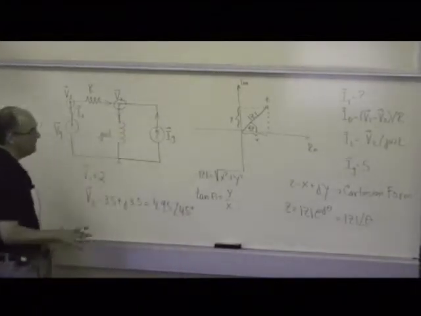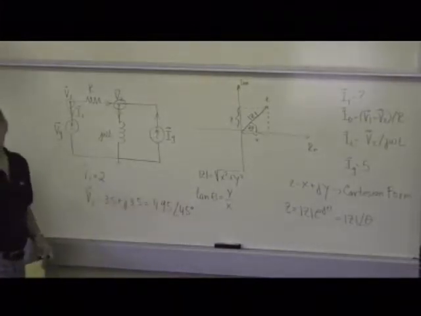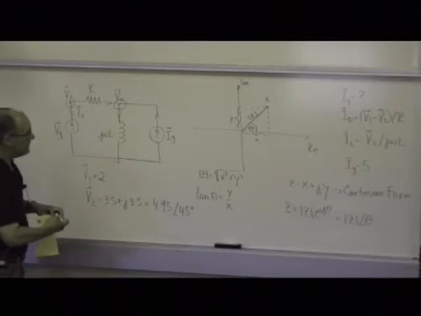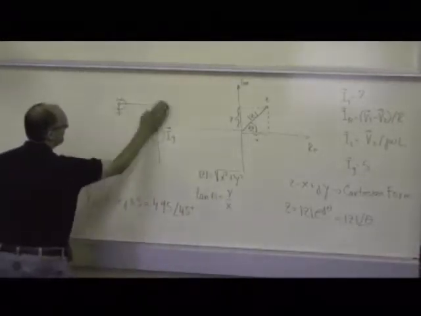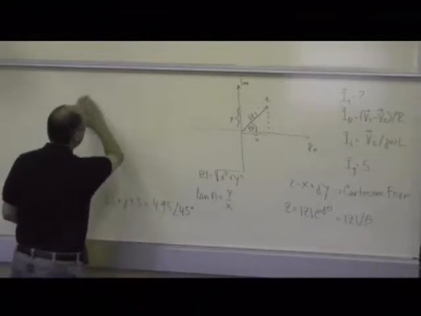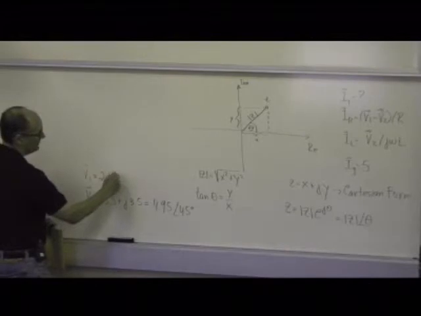And now we're done, because now we have a pair of numbers that we can directly translate into sinusoids. Remember that our frequency here was 1 radian per second, so that's going to be the case across the board. This one has angle 0.